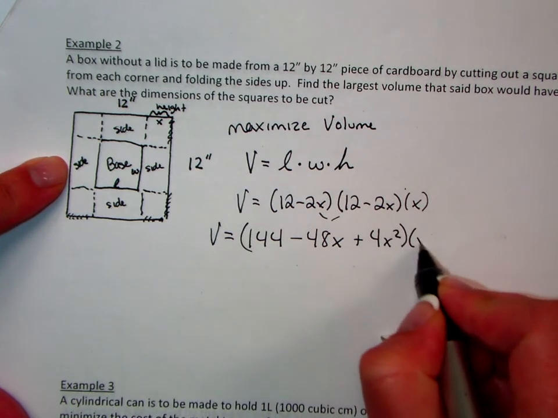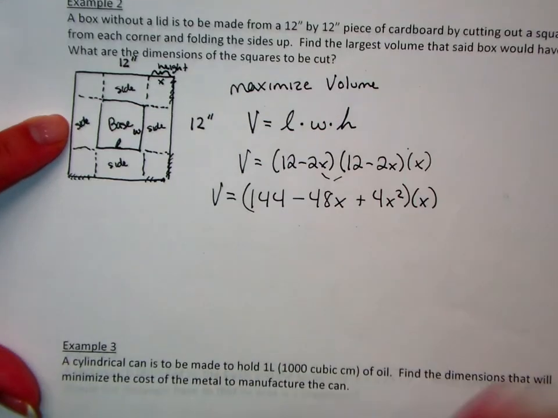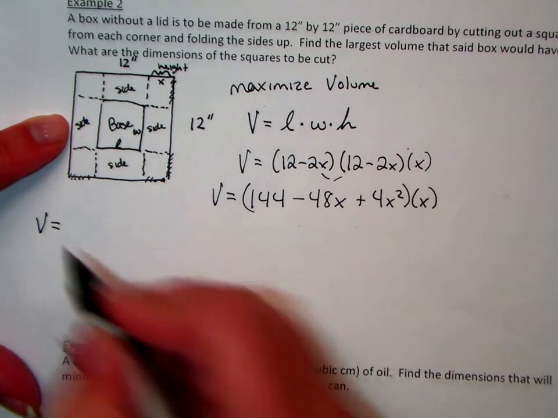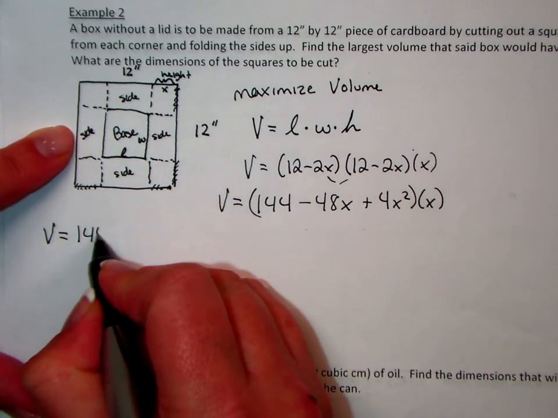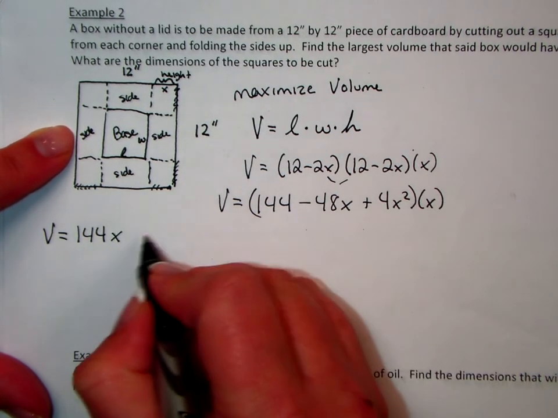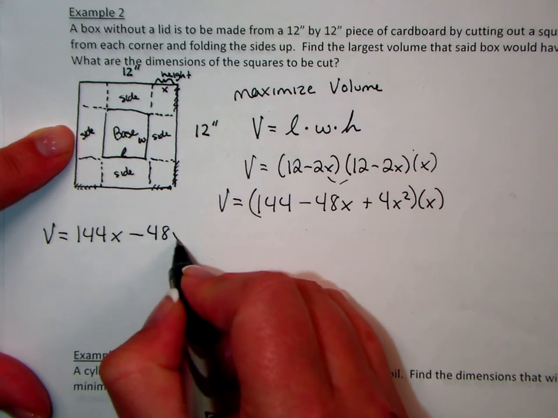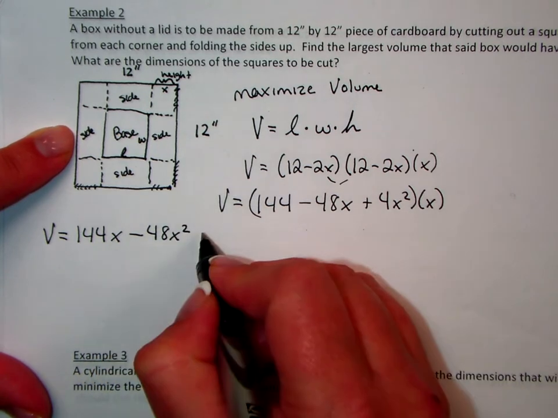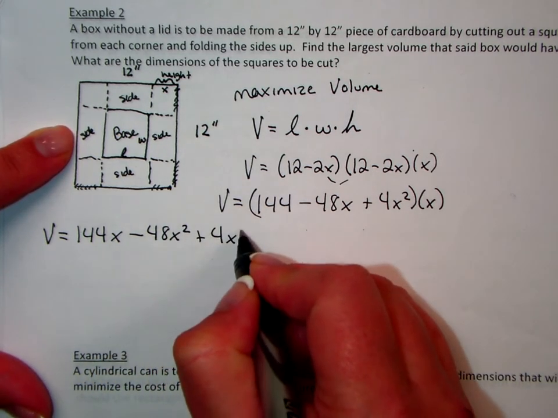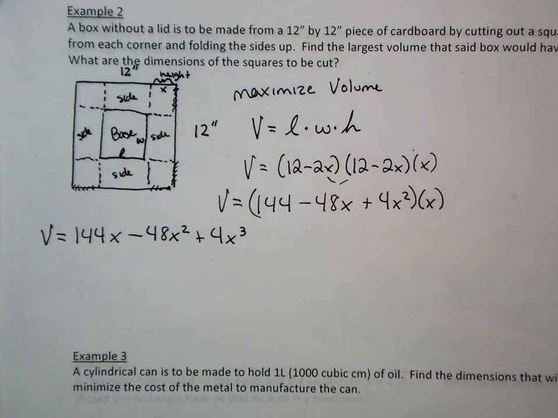And then I'm going to multiply all that times x. So the volume is 144x minus 48x squared plus 4x cubed. Here is my volume equation, ready to be optimized.